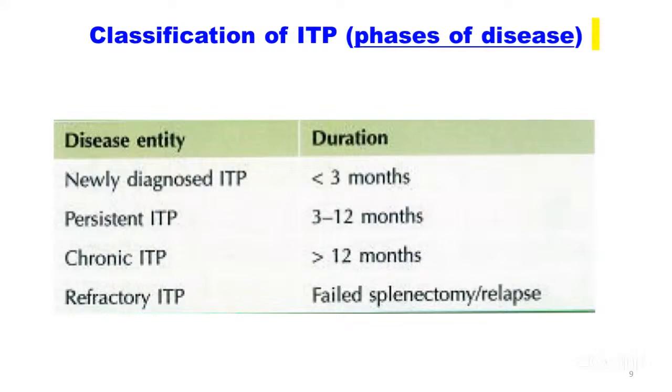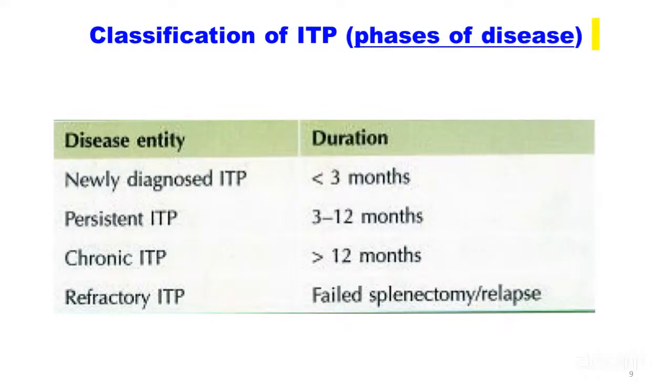Now, when we treat a patient of ITP, a clinician should know how to classify the ITP according to the time frame. The first is acute ITP, which is newly diagnosed ITP when the duration is less than 3 months.